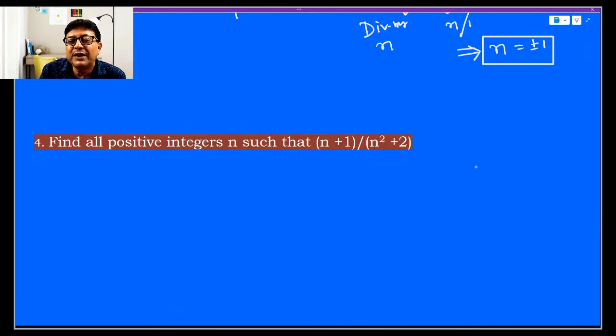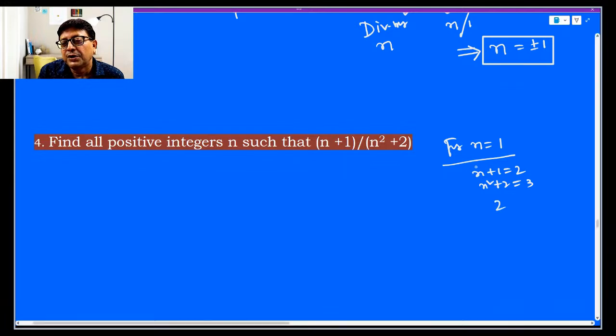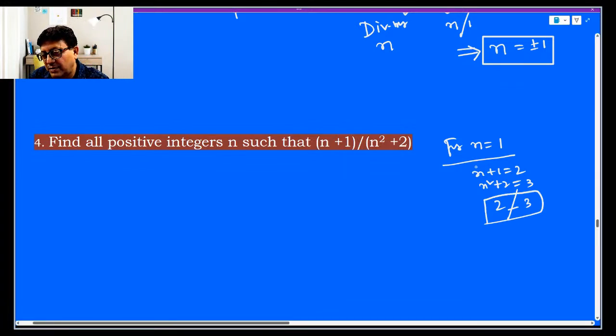See, 2 never divides 1 square plus 2, which is 3. For n equal to 1, n plus 1 is 2, n square plus 2 is 3, and 2 does not divide 3. Okay? So for n equal to 1, it is not possible.